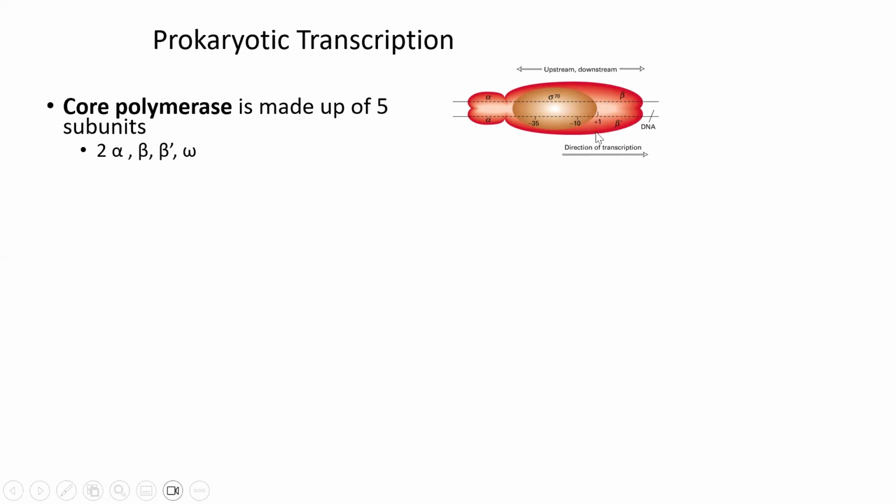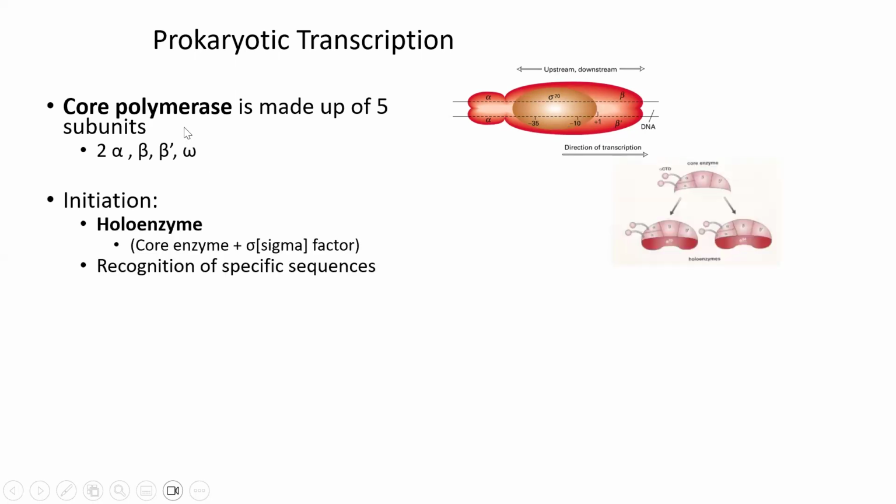This polymerase binds to what is called a sigma factor, this one here, and that makes a holoenzyme. That holoenzyme then goes through the sequence.